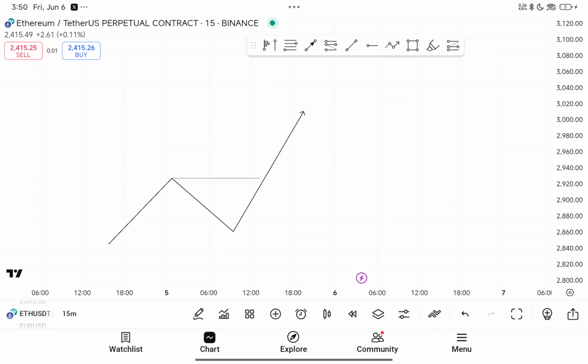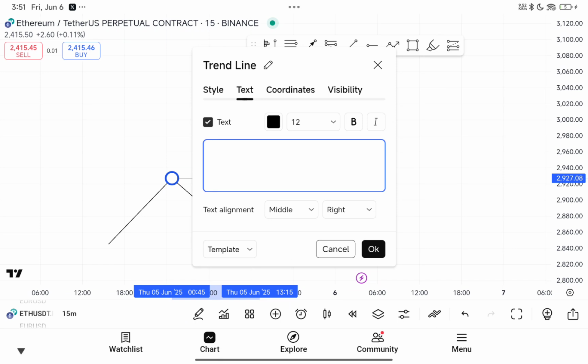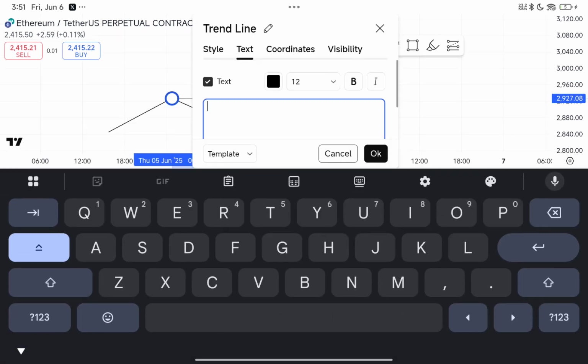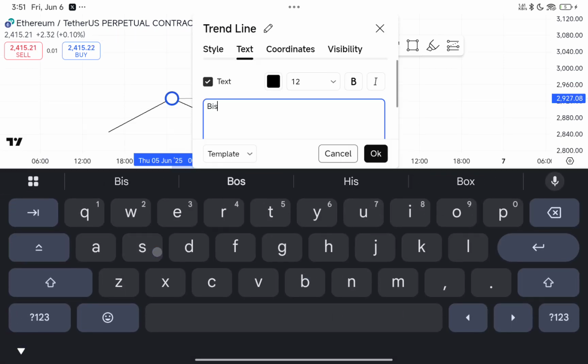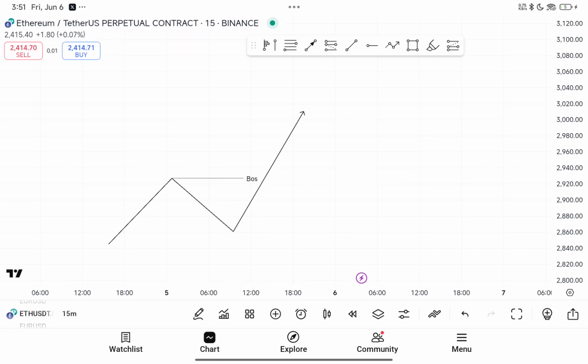We normally mark it out as a break of structure to the upside, because it caused the market to move up and make a higher high. So we mark it as BOS, meaning break of structure: B for break, O for of, S for structure. And being that the market broke structure to the upside, it is the character of an uptrend.